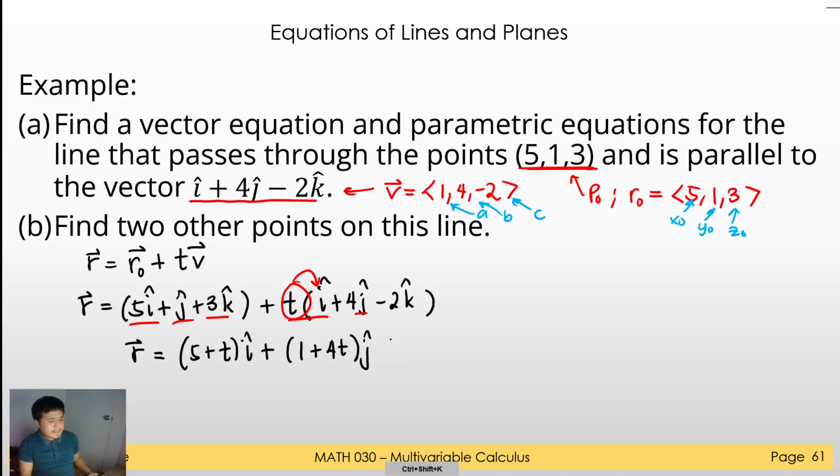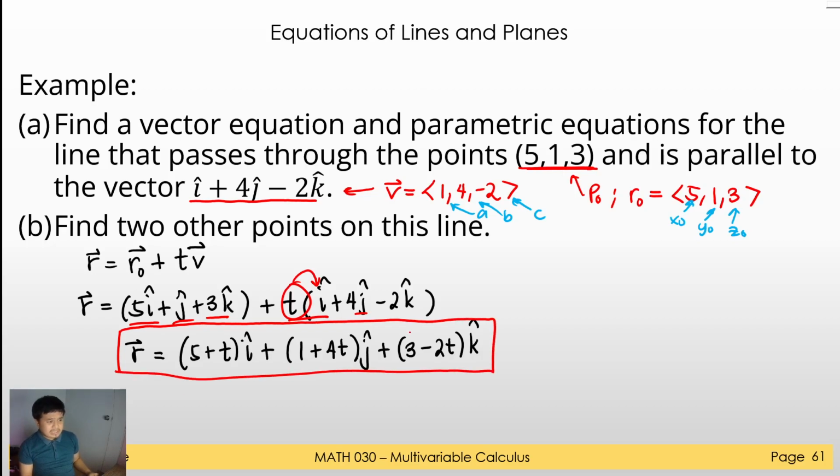So factor out the t: we have 3 minus 2t, and then k. So this will be your vector equation that represents this line.